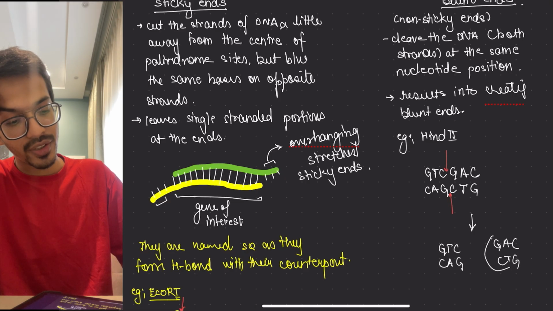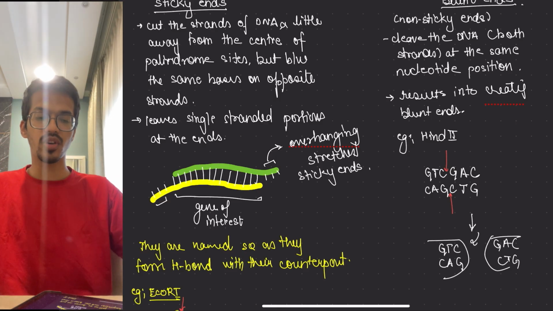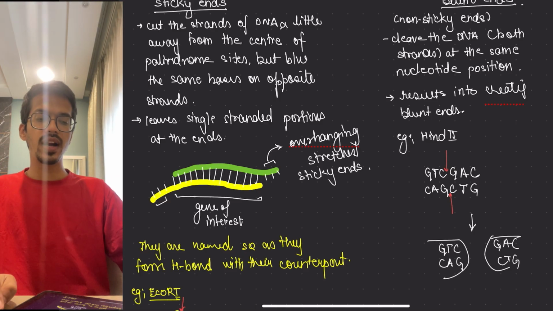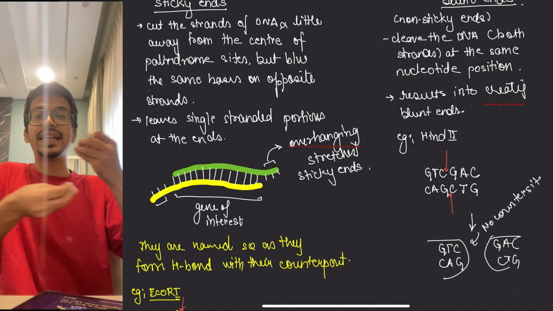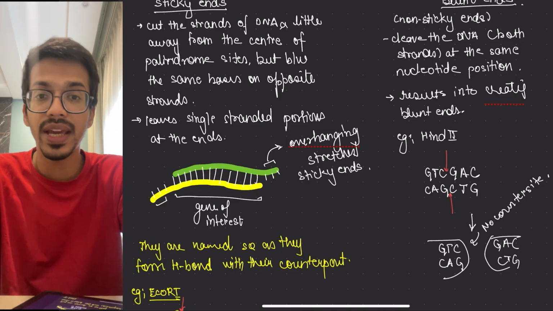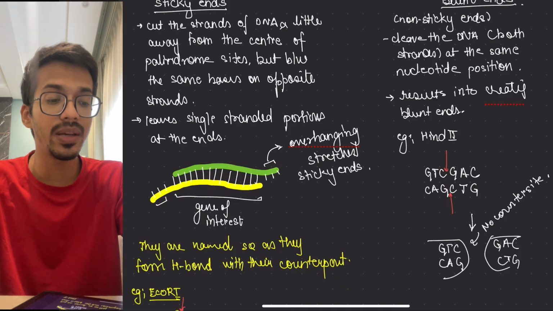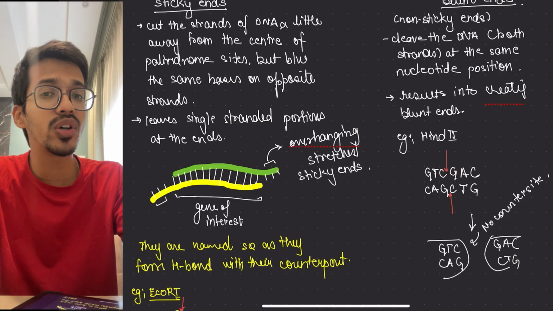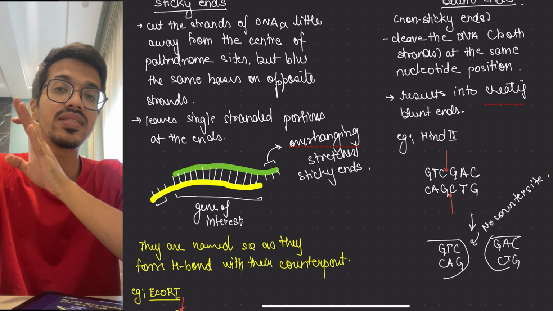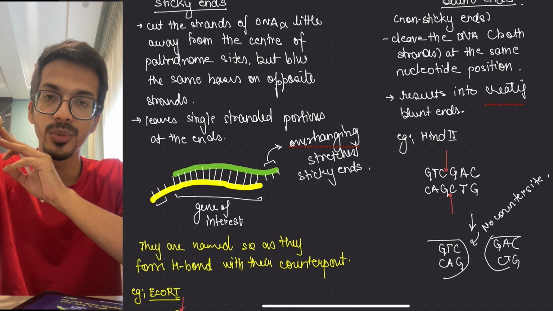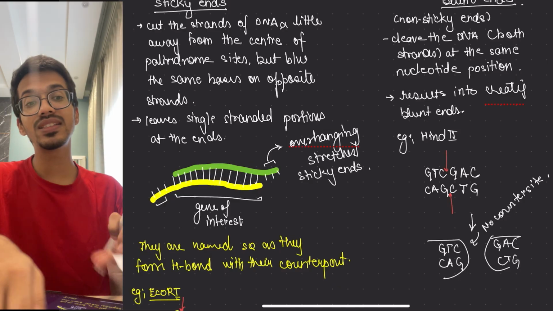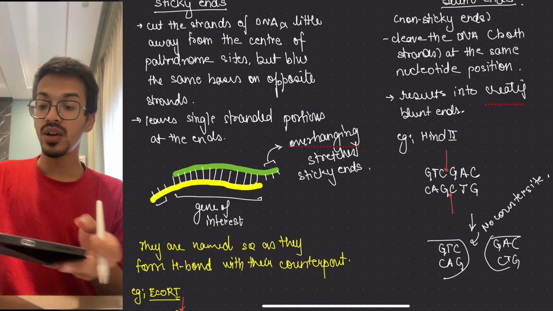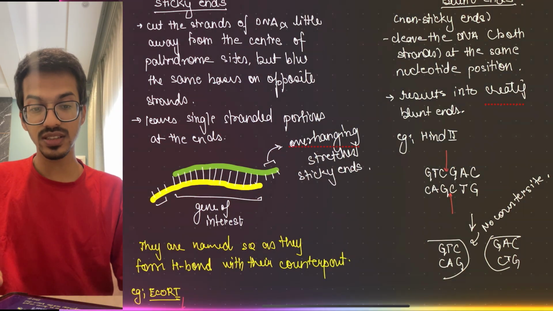Blunt ends. Nothing can be a counterpart of it, and if no counterpart is present, no complementary sites, it won't be able to make the bonds. If the bonds are not made, it is of no use, because you can't stick the other DNA part into it. A recombination won't be formed, and that creates our issue. With this, the topic is over.